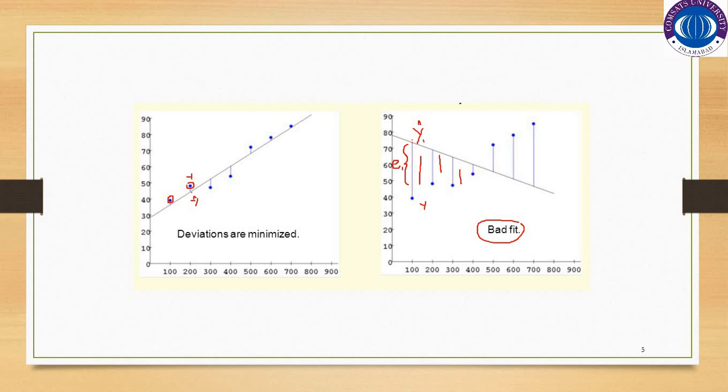On the whole, we use this: this is e1. Epsilon is for the error term and e1 is for the residual. So this is y1 hat and y1. Similarly, this is y2 hat and this is y2, and this difference is e2.